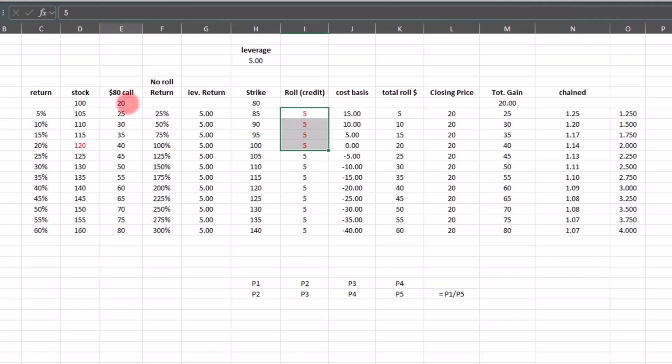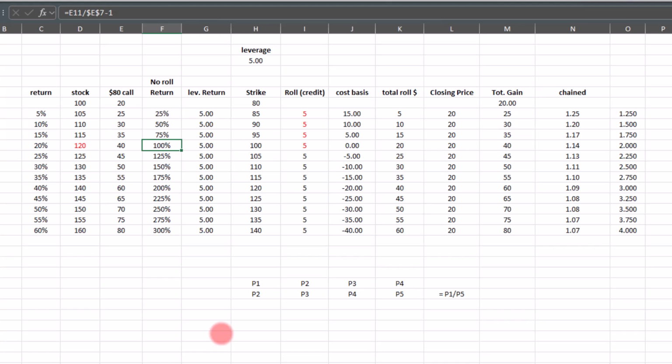So we spent 20, I've collected 5, 10, 15, 20, and then I can sell it for, let's say, 20. So I've collected a total of 40, divided by my $20 starting price is double my money. That's where that's coming from, or 100%. Right there. And so you can see that that's the only way that those are going to line up.